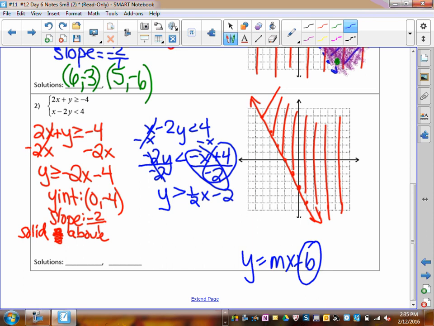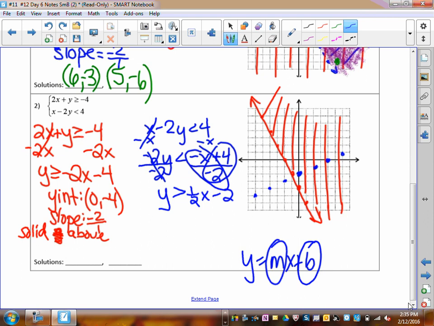So we go down to negative 2 and plot our point. Jordy, what's my slope for my blue? 1/2. My slope is what's in front of x, so 1/2. So I go up 1 to the right 2. Notice this is a positive slope. Down 1 to the left 2. Continue it all the way across.